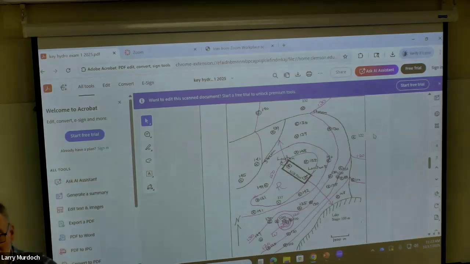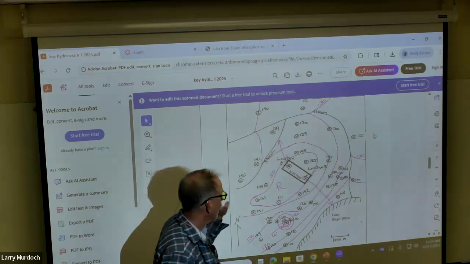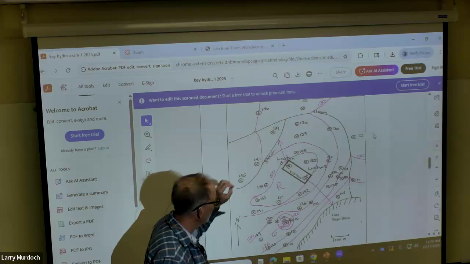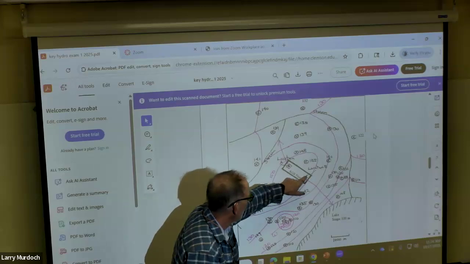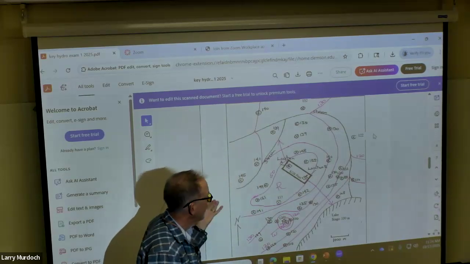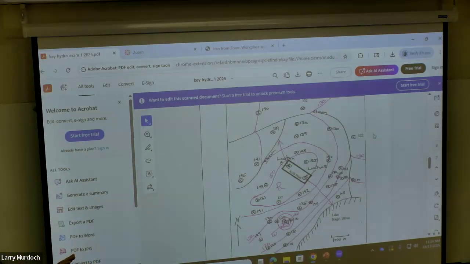By far the most widespread problem on this was these things here. There were way too many folks that had multiple flow lines coming off of this. I've mentioned this several times in class, because there just seems to be a compelling urge for people to draw many flow paths.